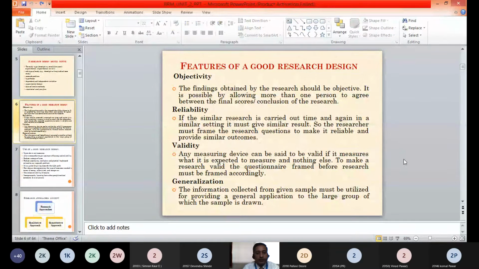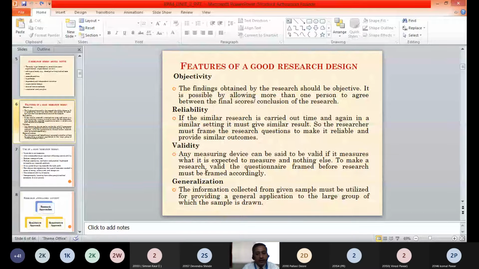It may be any device which we have taken for measuring a particular event or variable, or it may be a questionnaire which we have used to measure responses or take feedback. Any measuring device can be said valid if it measures what it is expected to measure and nothing other than that.